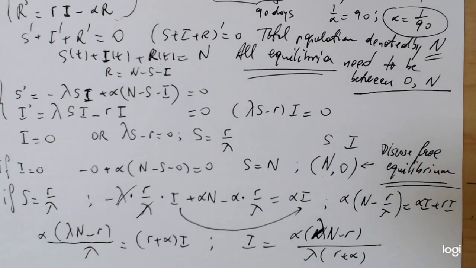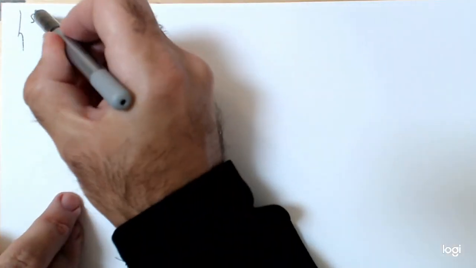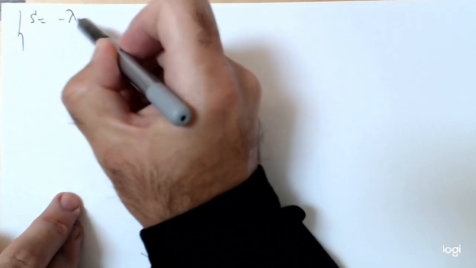All right, so let's write it on the next page. I think I'm going to copy the system just to have it in front of us. It's not that long.